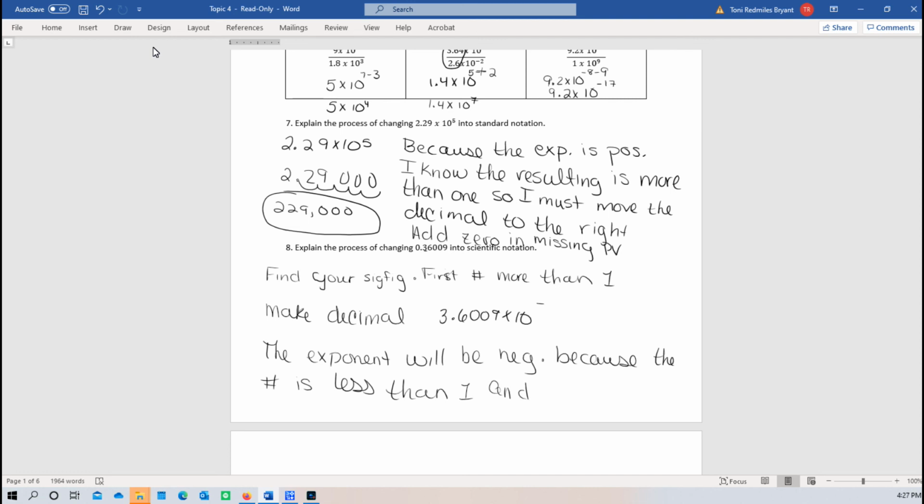And the exponent will be the number of places the decimal moves. In this case, it only moved 1, so it's a negative 1. All right, there you go.